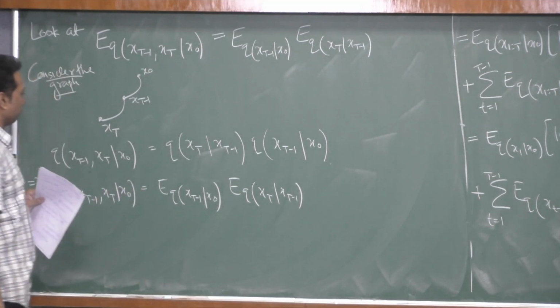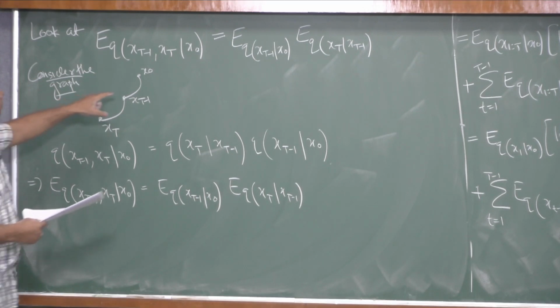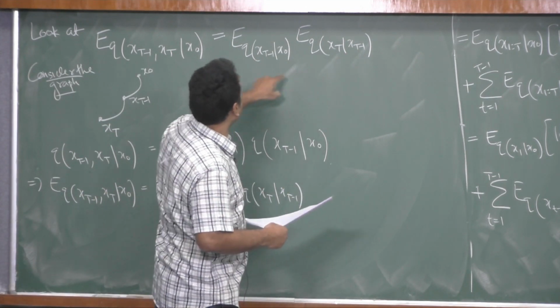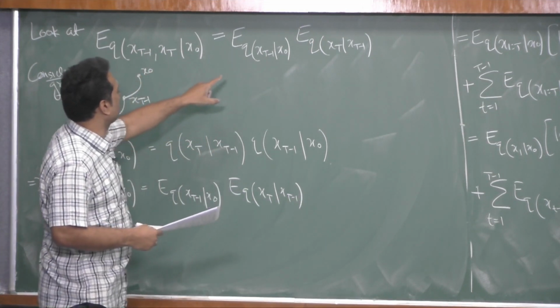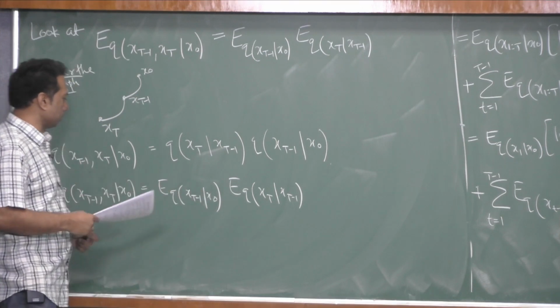Okay, so this makes sense. We can compute expectations like this. We are also assuming that they are independent. Basically xt minus 1 given x naught and xt given xt minus 1 are independent. Hence the expectation of the product is the product of the expectations.